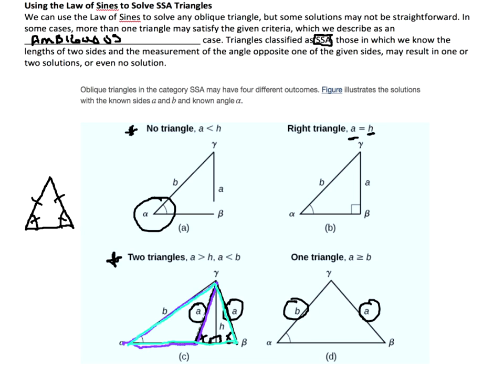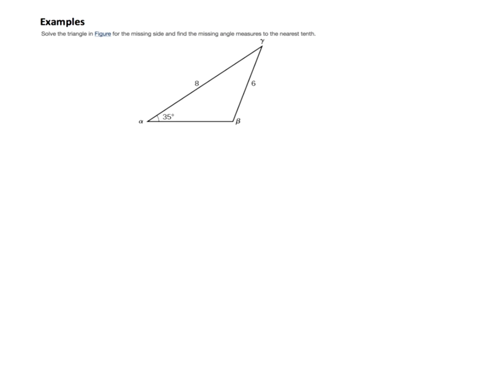Okay, let's look through a couple of cases that are ambiguous. And we're actually going to start with one of these two triangle cases. So here we are. This is an angle side. We know this angle 35 degrees, and we know side 8, and we know side 6.